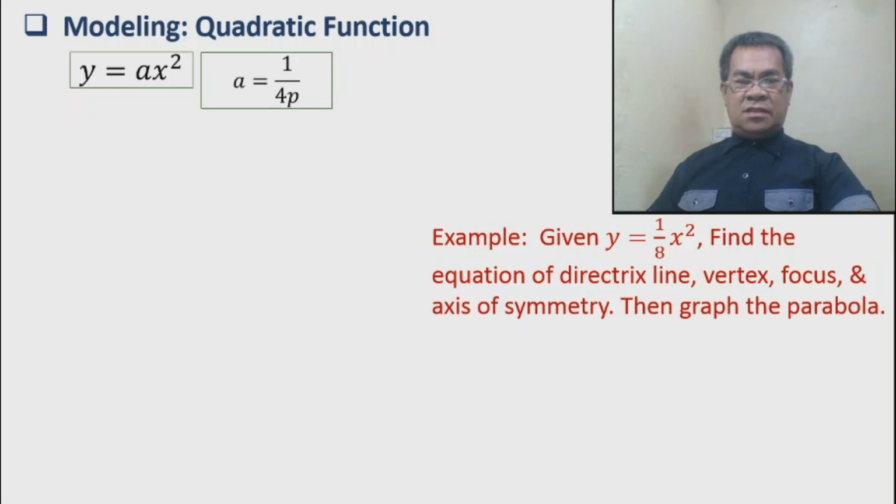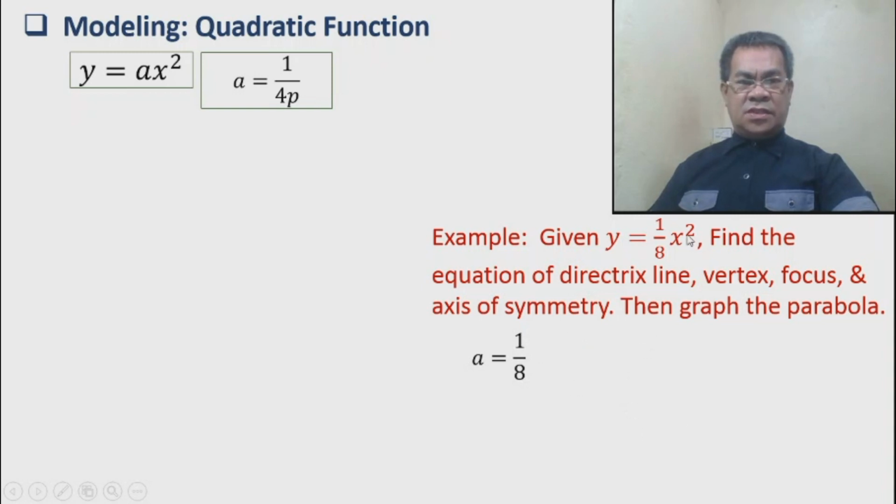The directrix will not touch the parabola. Then next, you are asked to find the vertex of the parabola and the focus, meaning you have to give the coordinates, and also find the equation of the axis of symmetry. Then you have to provide the graph of the parabola.